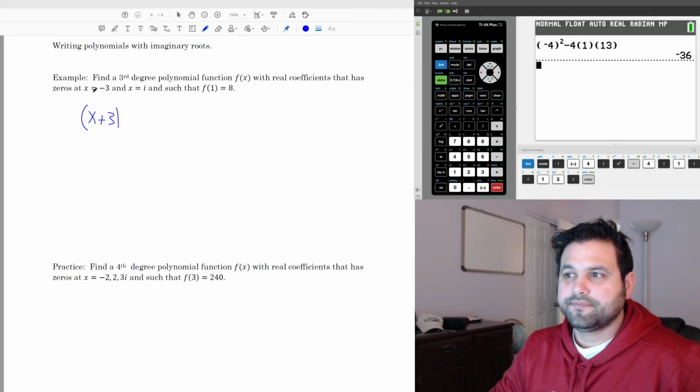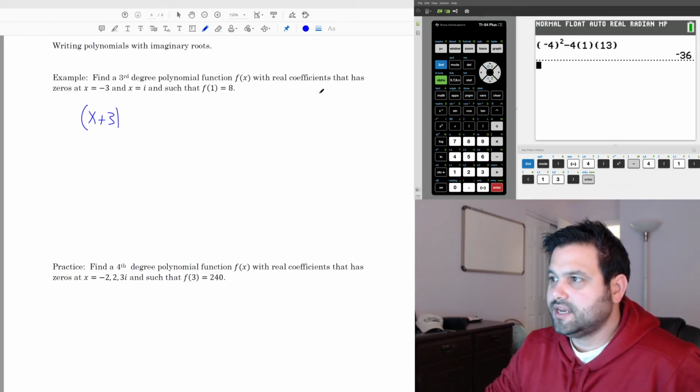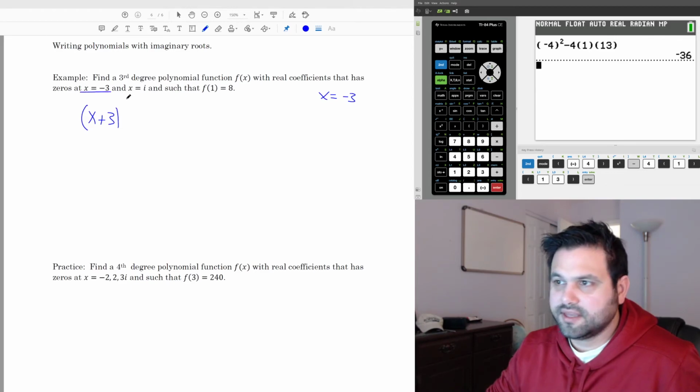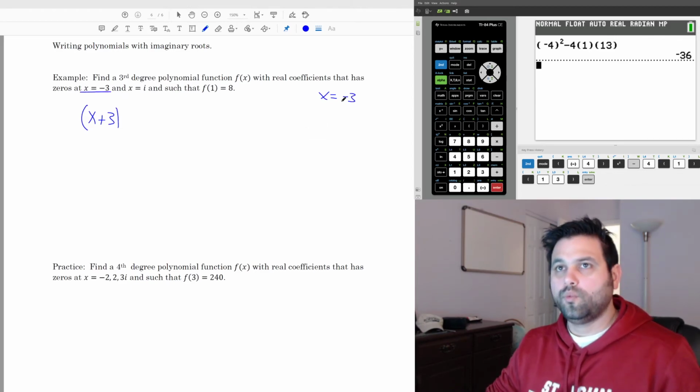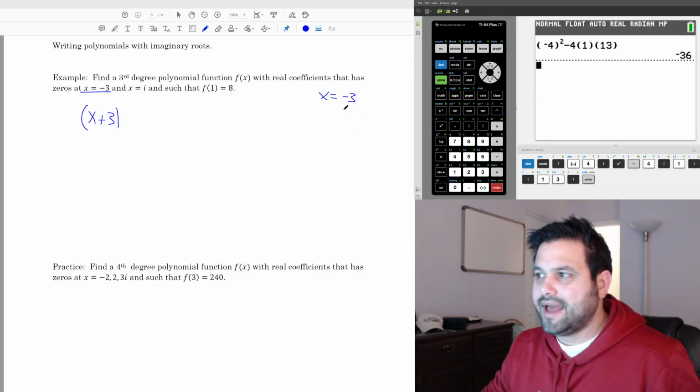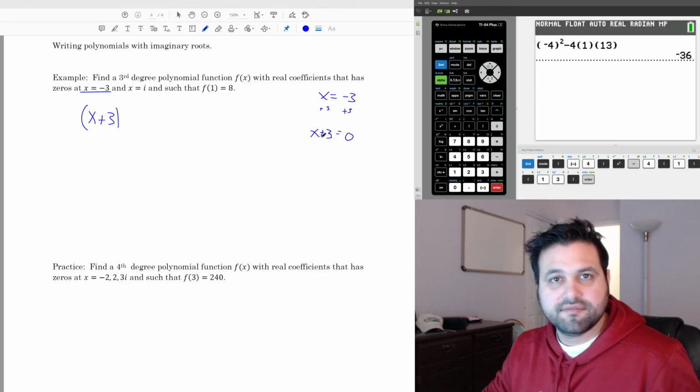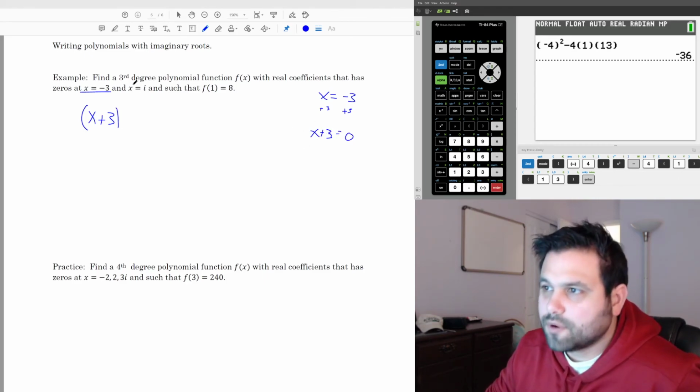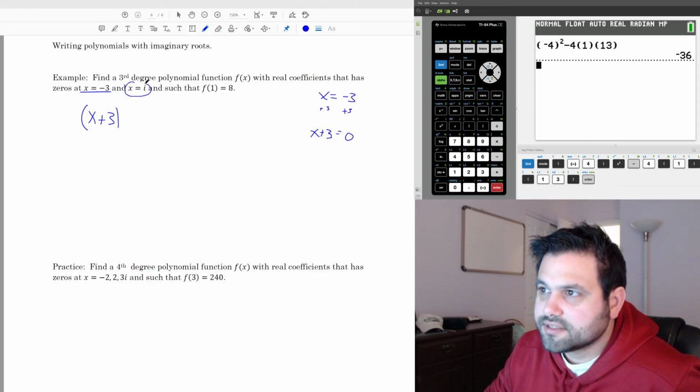Essentially, we're taking the actual thing that they give us and setting it equal to 0. So I would add 3 to both sides, and I'd get x plus 3 equals 0, and so that's my factor.